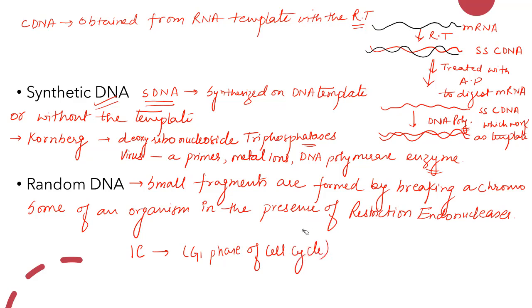The DNA content in 1C human cells is 3.2 picograms. So if we want to calculate the amount of DNA, 1C human cells have 3.2 picograms of DNA.